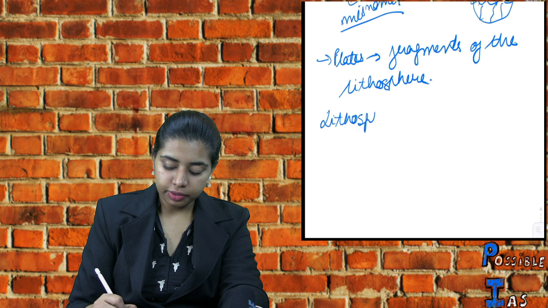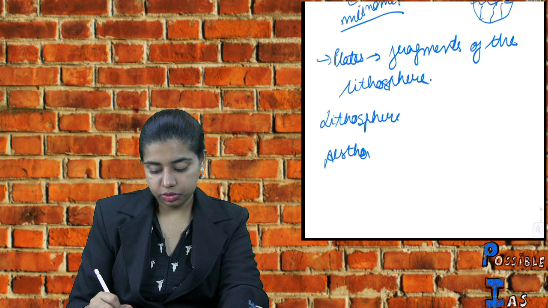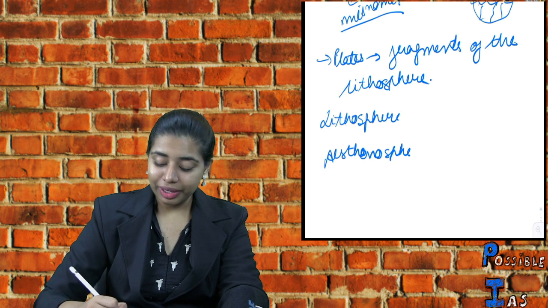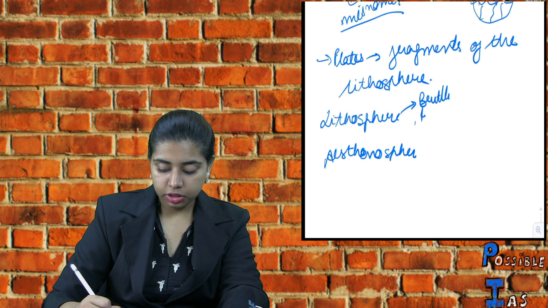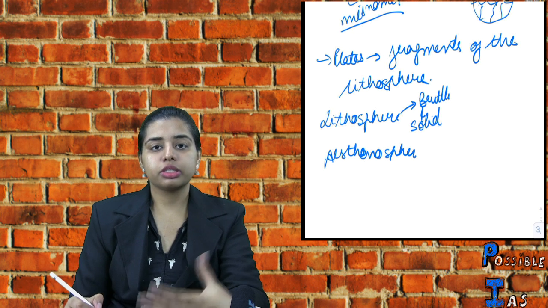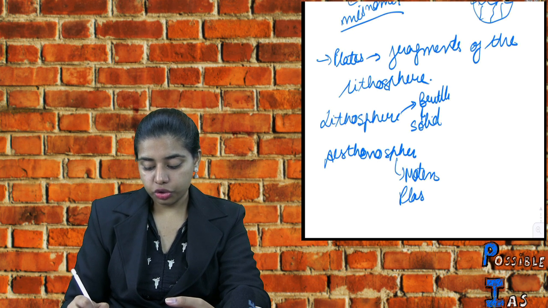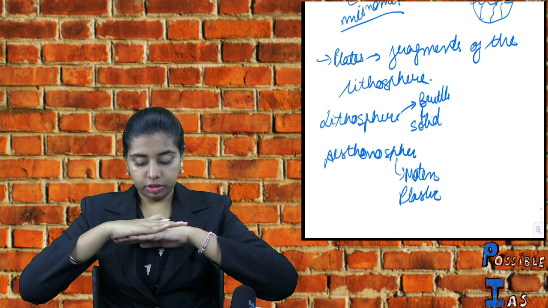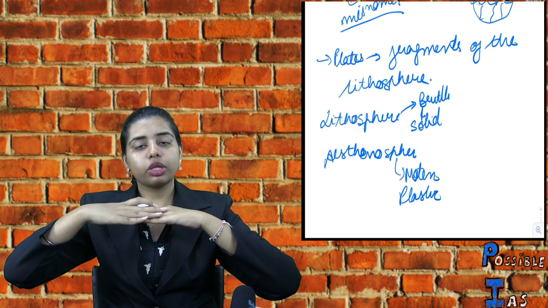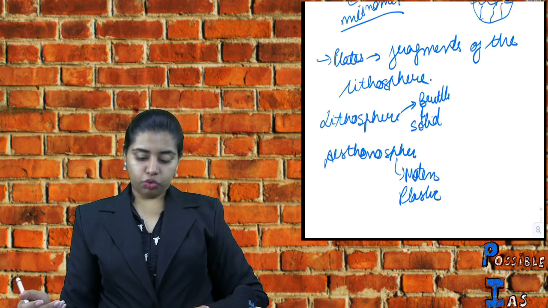While the lithosphere is brittle and solid, the asthenosphere, because of certain temperature and pressure conditions, is molten or plastic. There is a weak zone between the lithosphere and the asthenosphere, and on this weak zone the lithospheric plates float, like ice floats on water.